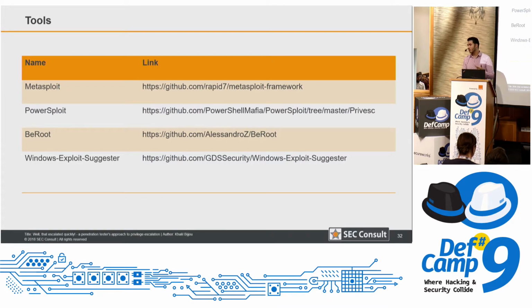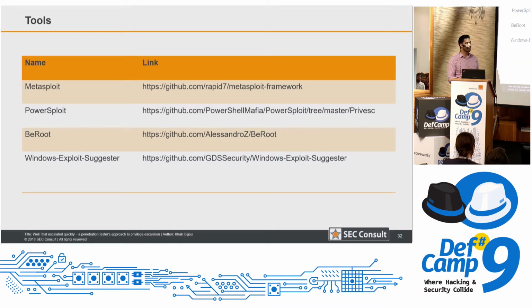Also, another very powerful tool is PowerSploit. So let's say unquoted service paths or weak service executable file permissions. There are scripts which do the research for you, so you don't have to do it yourself. Also, there is a tool called BeRoot, which is similar to PowerSploit, not that powerful, but also fulfills its purpose.